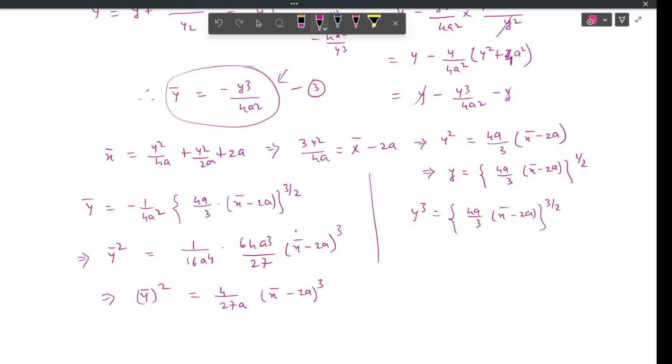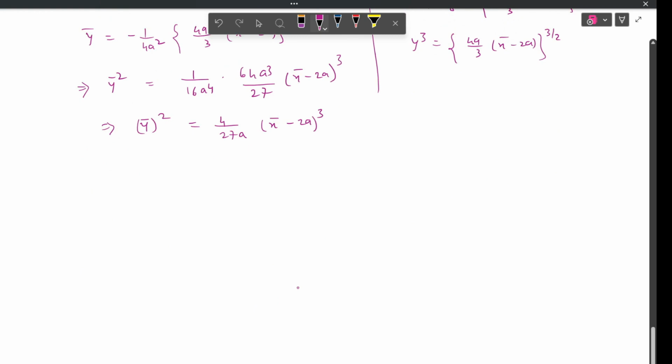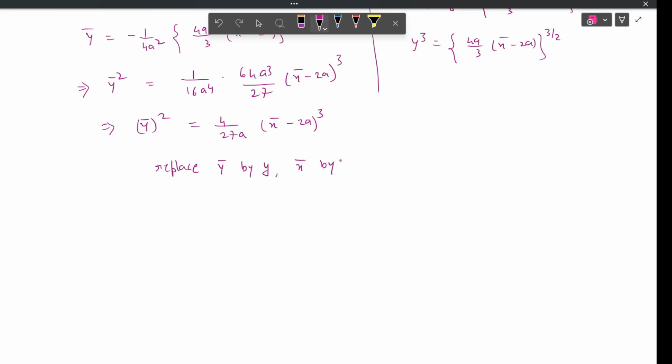Okay. So after this, there is no x and y. After this, what you have to do? You have to replace y bar by y, and you have to replace x bar by x. So replace y bar by y and x bar by x.